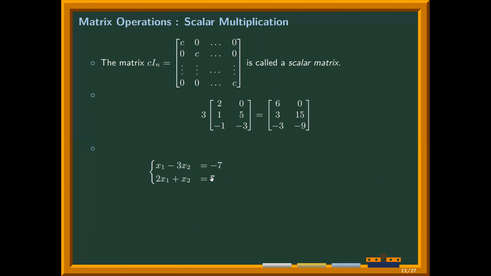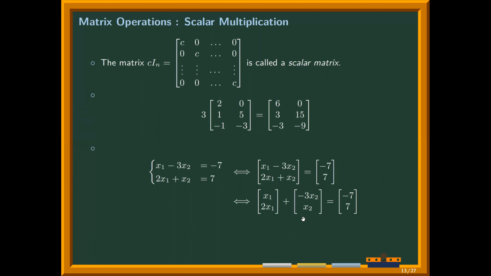Earlier, we saw that this system of linear equations can be expressed as a matrix equality and in turn as a matrix equality involving a sum. But in fact, we can do more. On the left-hand side, you can observe that the entries of the first summand contain x1, and both entries of the second summand contain x2 as a factor.